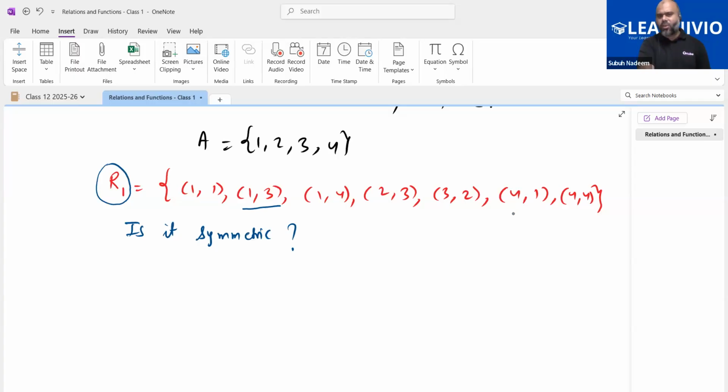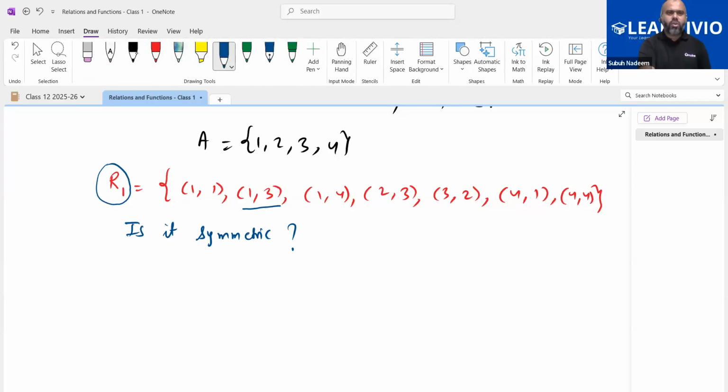You can see that (3, 1) is nowhere present in R1. So here itself it shows that it is not symmetric. But let us see further also. (1, 4): is (4, 1) there? Yes, (4, 1) is there, so it is okay.